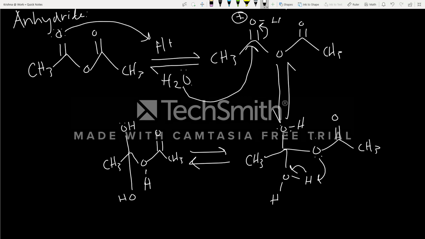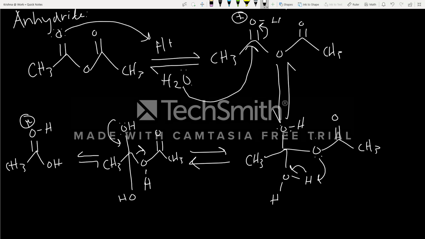Now, the double bond will reform on the carbonyl carbon, pushing off this half of the anhydride that has been newly protonated, which will result in a carboxylic acid with a protonated oxygen that is double bonded to the carbon compound.